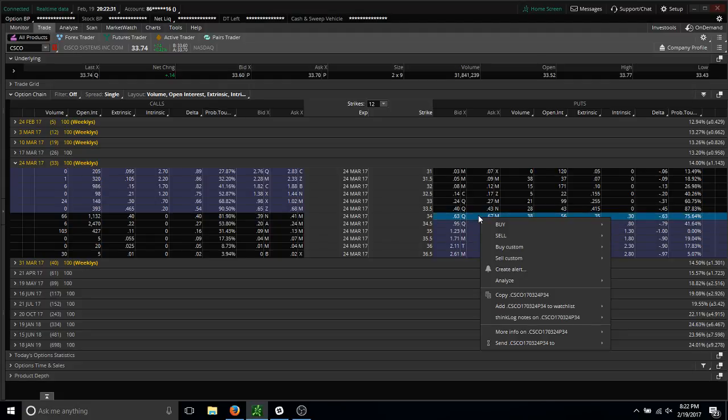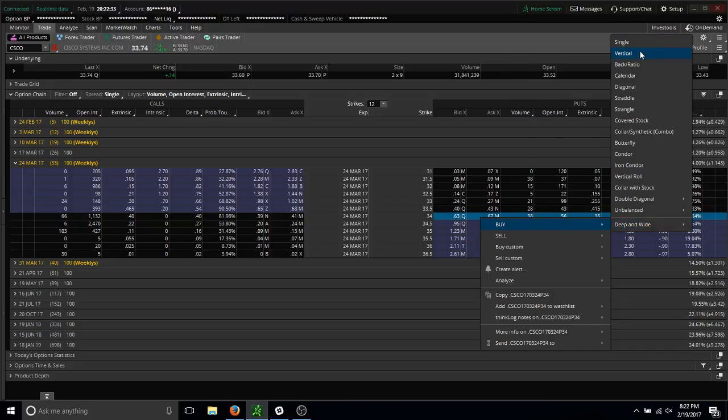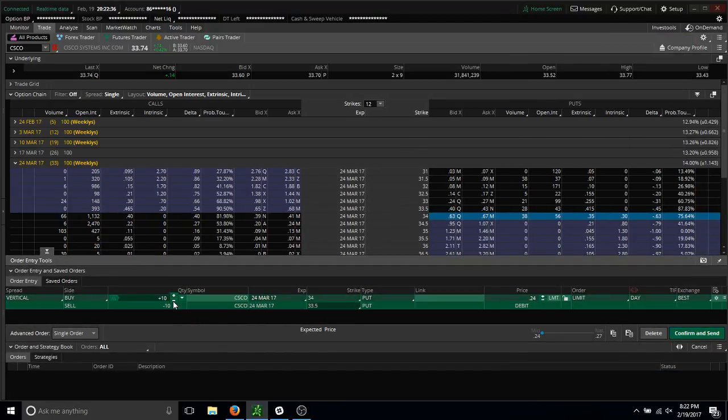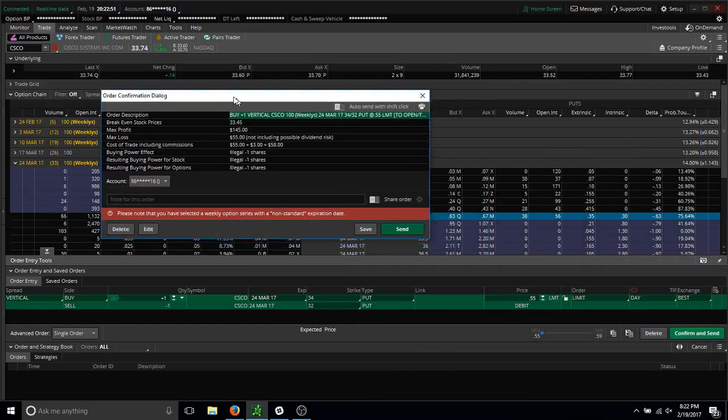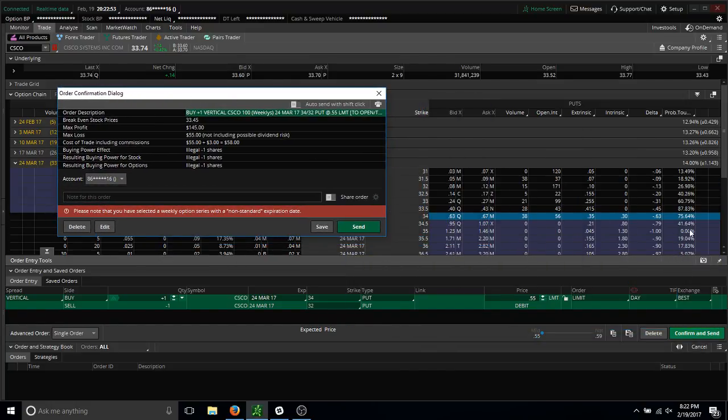So I'm going to buy the 34, buy vertical, put it down to one contract here, 34, and then there'd be 33, 32. So I want the 32 here. So here my spread is really good. So yeah, it would be max profit, max loss.